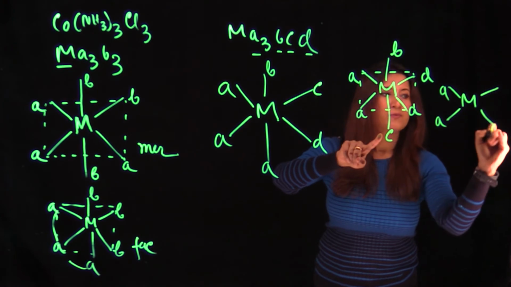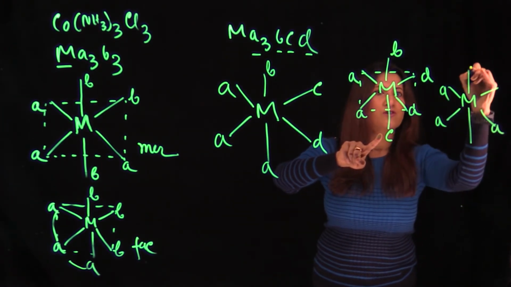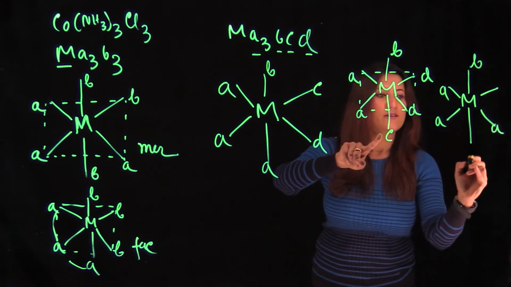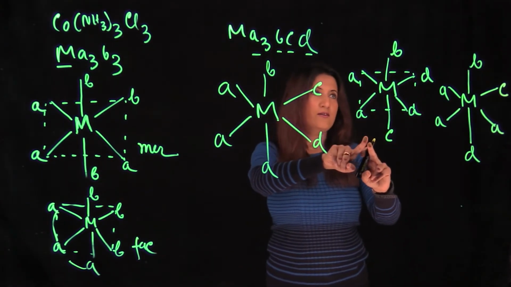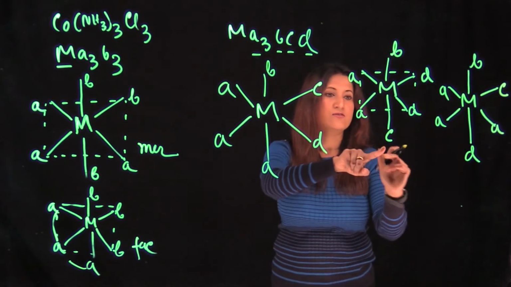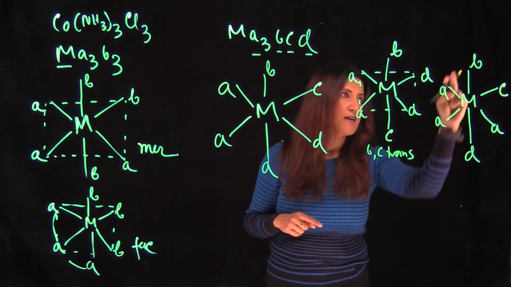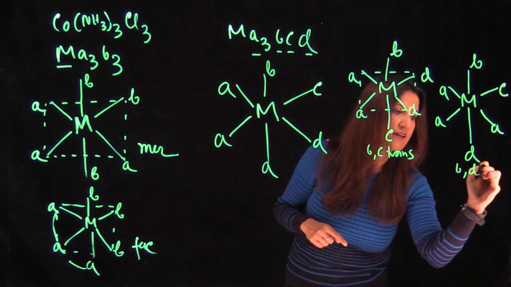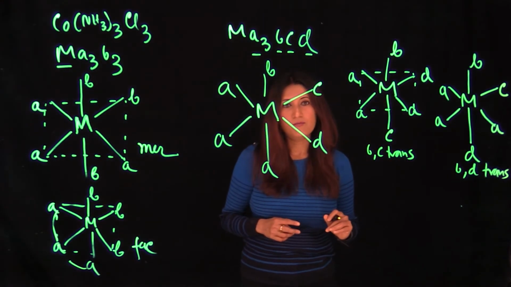Still, you are keeping the position of the A constant, and you are only changing the position of, let's say, C and D, you are interchanging. So in this particular scenario, you have B and C as trans. In this case, you have B and D trans. So they are two different molecules.